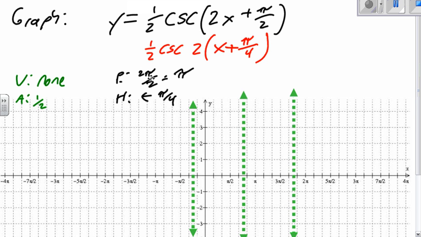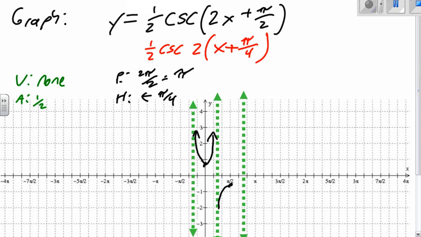And since the period was shortened, rather than being a length of 2 pi, it only has a total length of pi. And the 1/2 means that these are our values, so we get our U's in between with our points at 1/2 and -1/2.